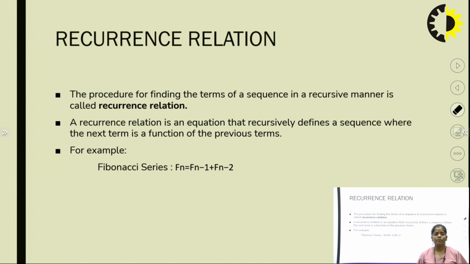This is a simple example of recurrence relation, that is the Fibonacci series. In this series, I have to find Fn by using the previous two values, that is F(n minus 1) and F(n minus 2). For example, I put F0, the zeroth element.